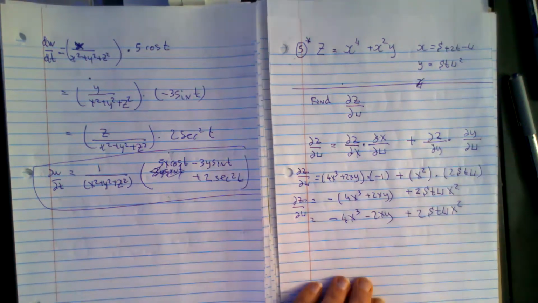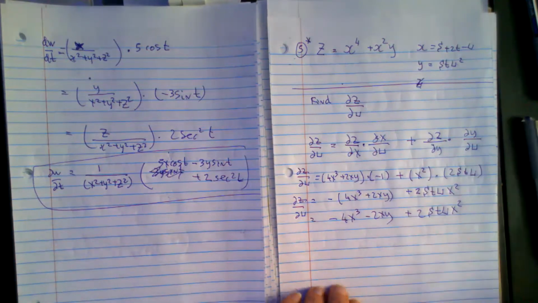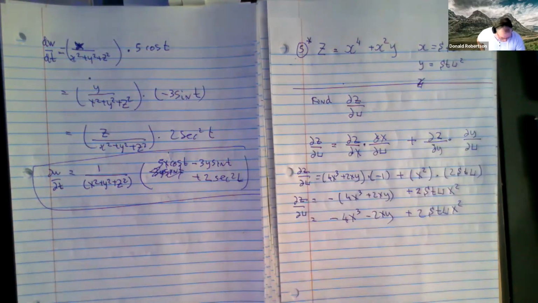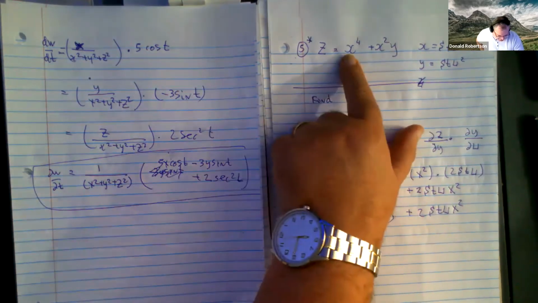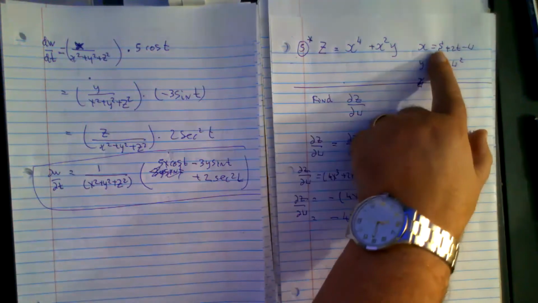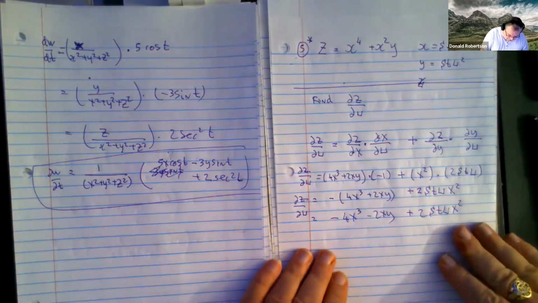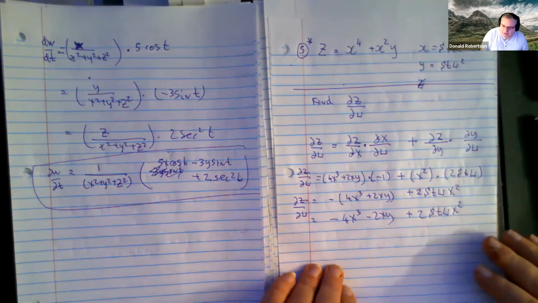So why was the Z portion partial again? The reason everybody is partial, including the Z's, is that Z has 2 variables in it, so it's partial. X and Y have 2 variables in them, so they're partial.